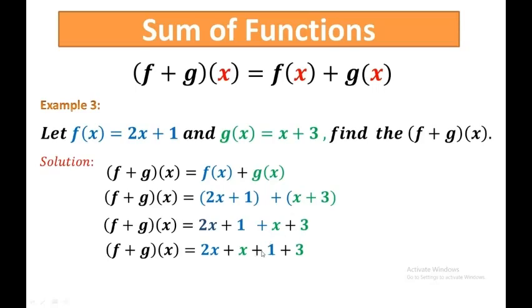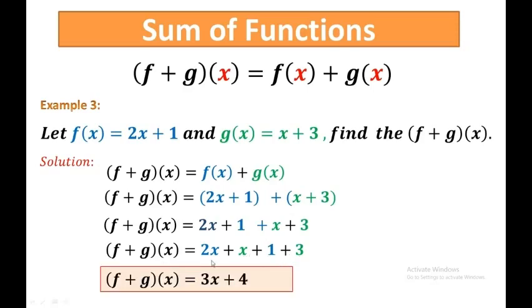So 2x plus x plus 1 plus 3 is equivalent to 3x, since 2x plus x is 3x, plus 4, since 1 plus 3 is positive 4. So that is now our solution. I hope that you got the correct answer.